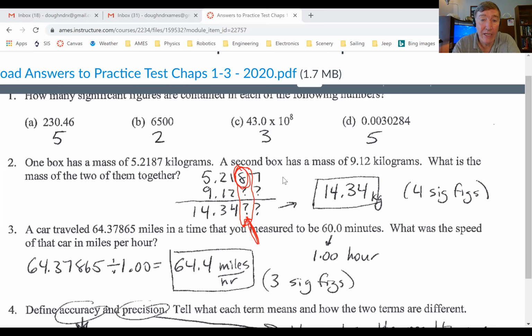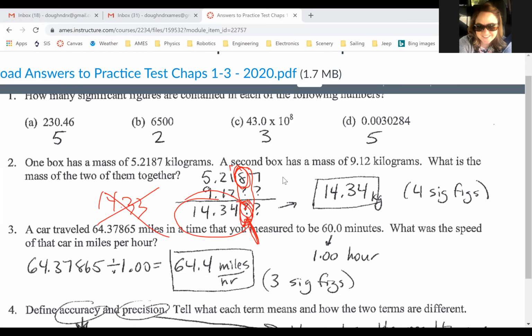So it's probably more than 8, but it's at least 8. Therefore, I better round up. I better carry the 1. So instead of calling it 14.33, I know I need to round it up to 14.34. Does that answer your question?